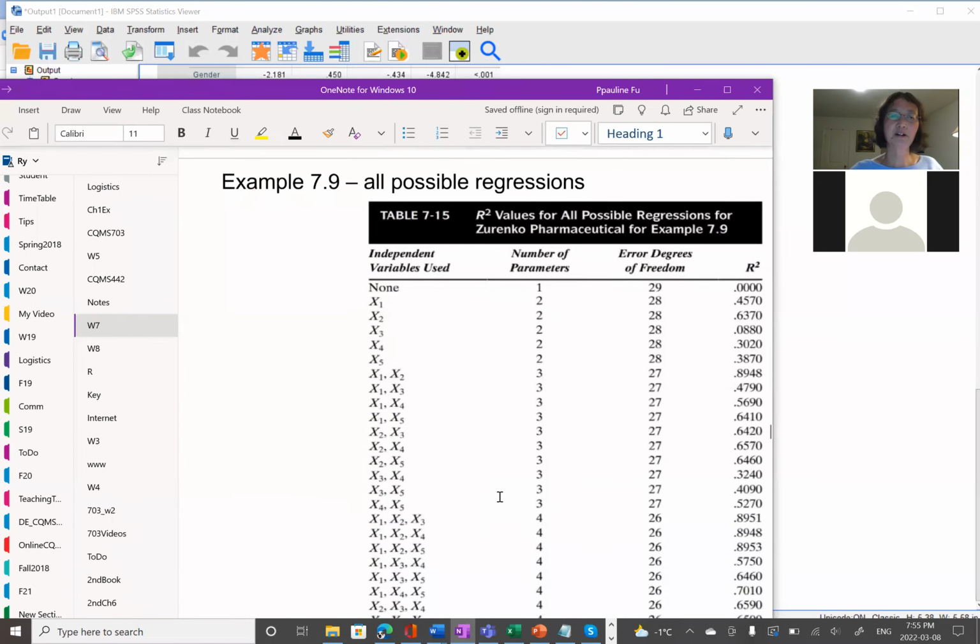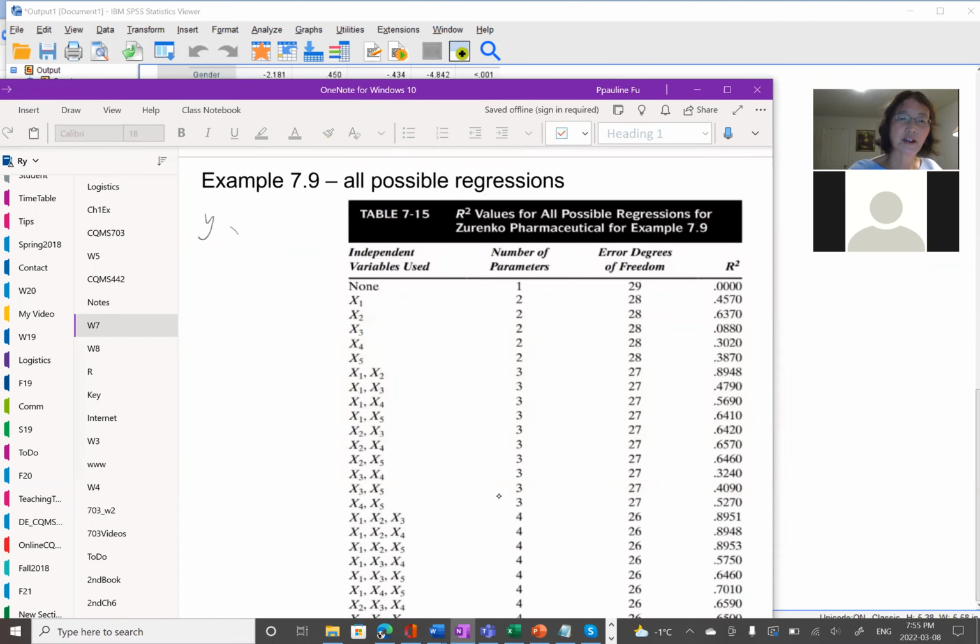Next example, example 7.9, is the all possible regressions. So this uses the same example. Remember, we have 1 Y and 5 X's: X1, X2, X3, X4, X5. If you use just one variable, the choices are just X1, or just X2, just X3, just X4, just X5.